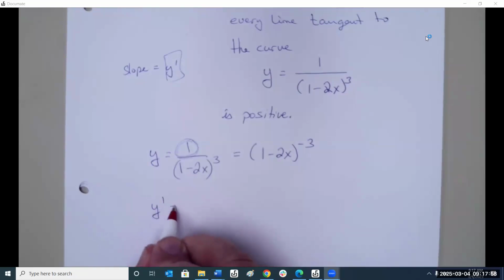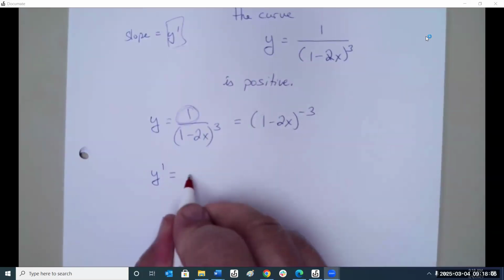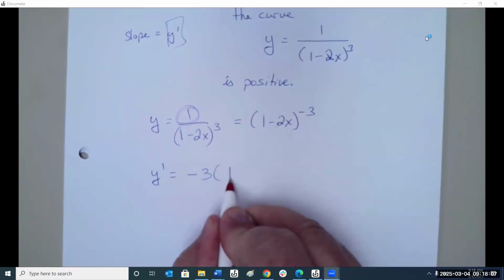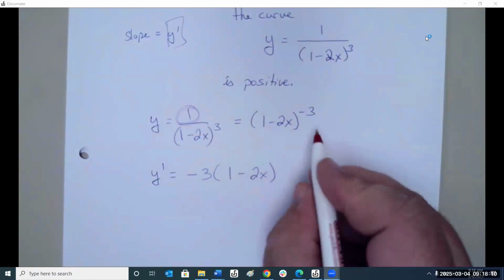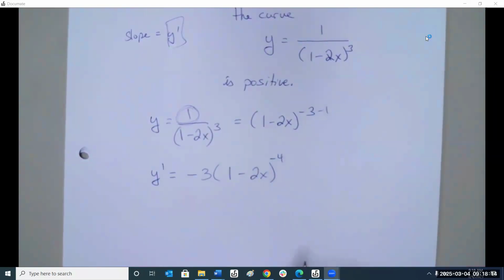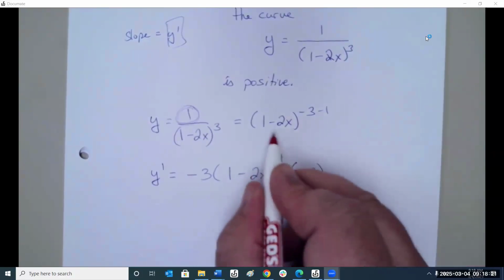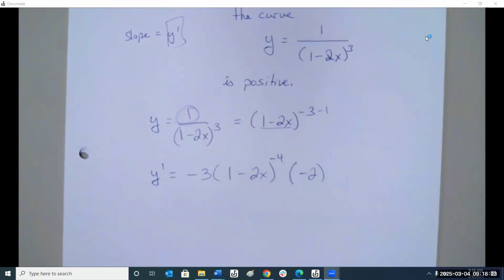So the derivative is what? -3 times (1 minus 2x) to the power -4, because we subtract 1, times the derivative of the inside, which is -2. So -3 times -2 is +6.